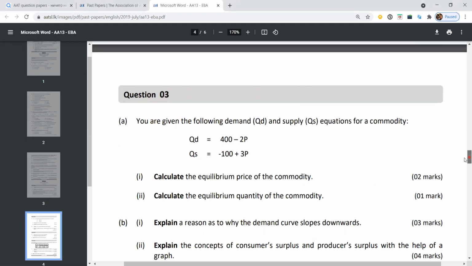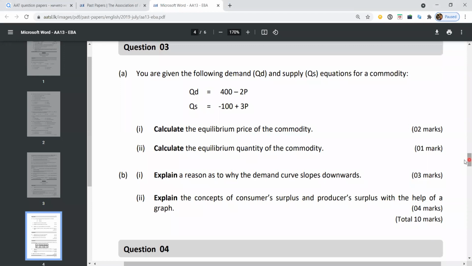And as usual, demand supply equilibrium price of this commodity. At the equilibrium, QD equal QS.